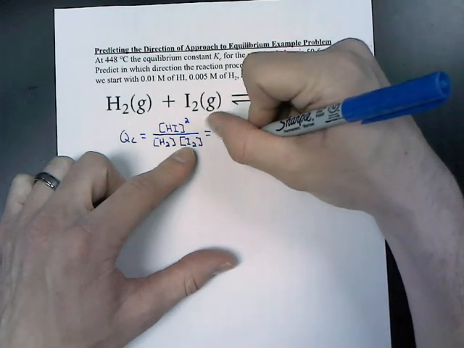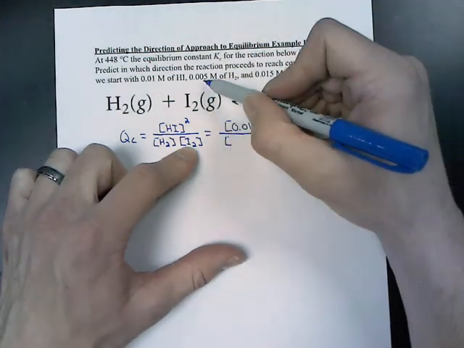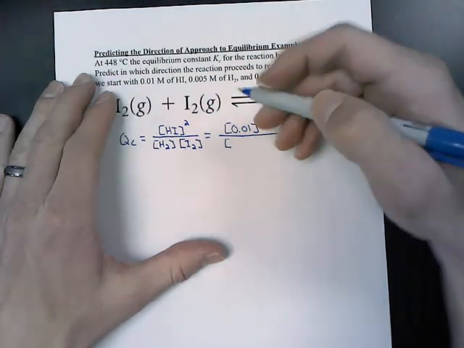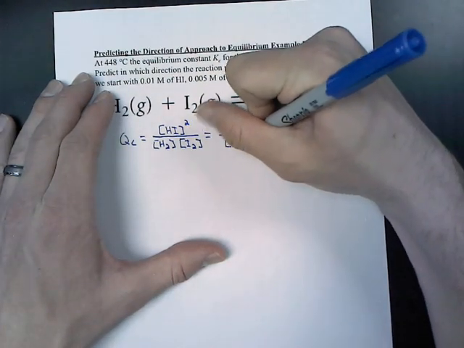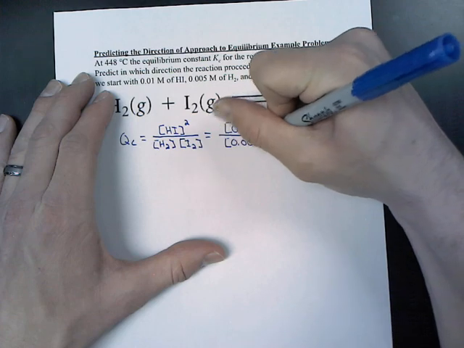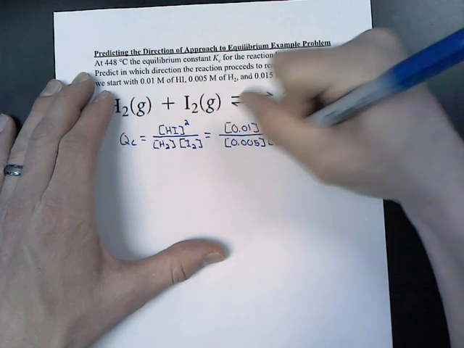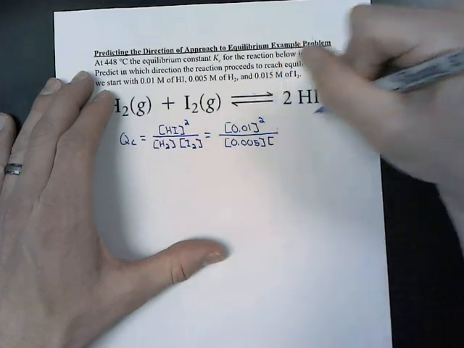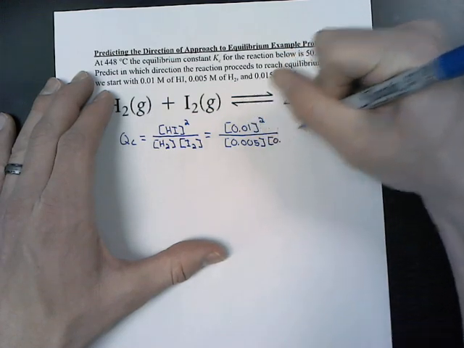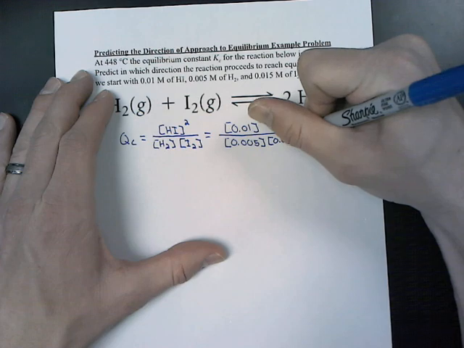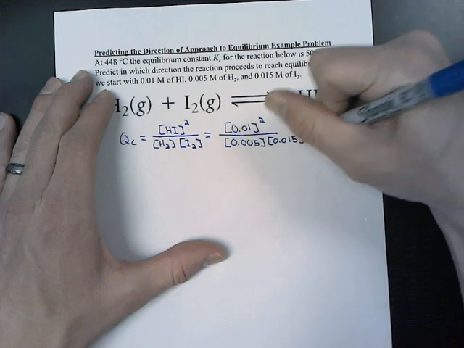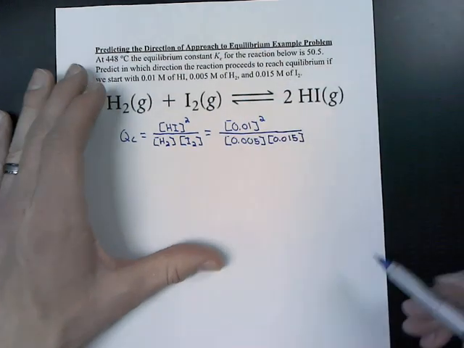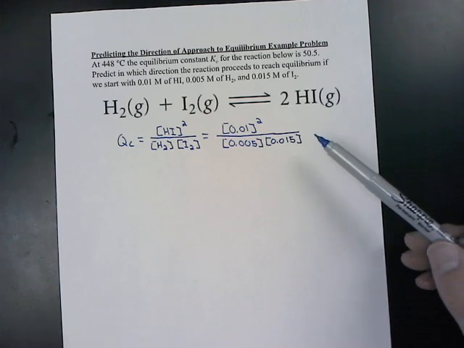And then down below, H2 has a concentration right now of 0.005. And then we multiply it by the concentration currently of I2, which is 0.015 molar.